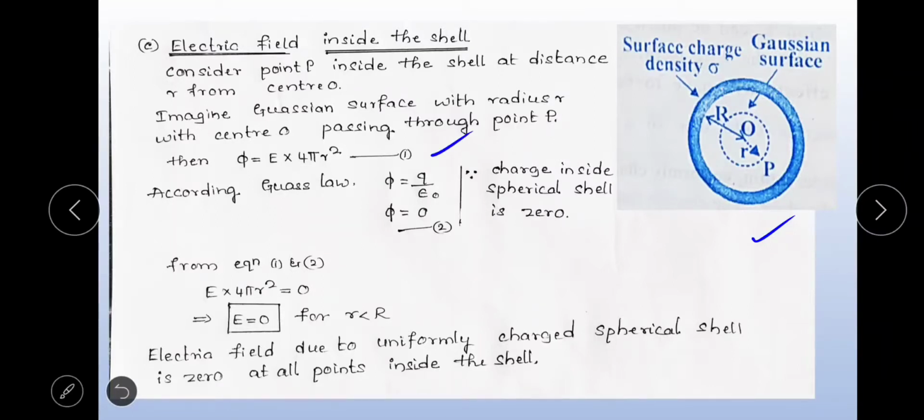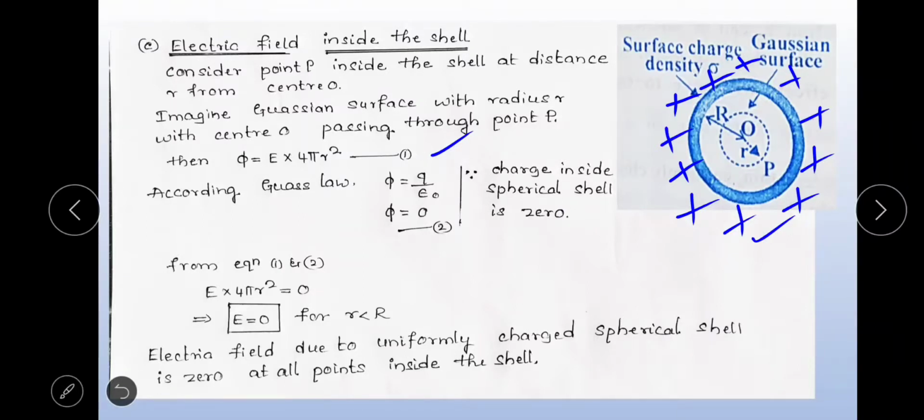According to Gauss law, phi equals q divided by epsilon naught. Here phi equals 0. Why? Because the charge inside the spherical shell is 0. When the shell is charged, the charges reside only on the outer surface of the shell like this. Inside the shell there is no accumulation of charges, hence q equals 0.